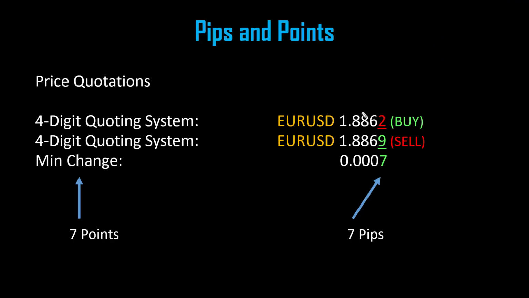So we bought it at 1.8862 and we closed out our trade. We sold it and closed out at 1.8869. In this case, it went from 62 to 69. We only made 7 pips, also known as 7 points. Not the craziest move. Obviously, we're looking for more pips, more points than that.